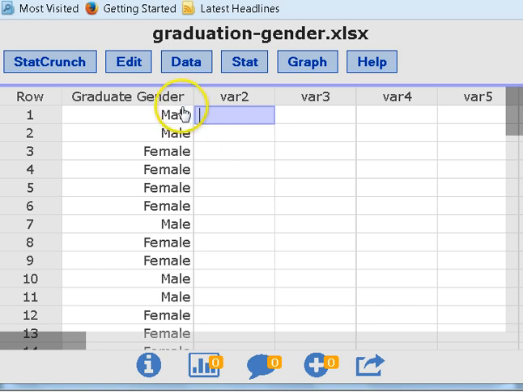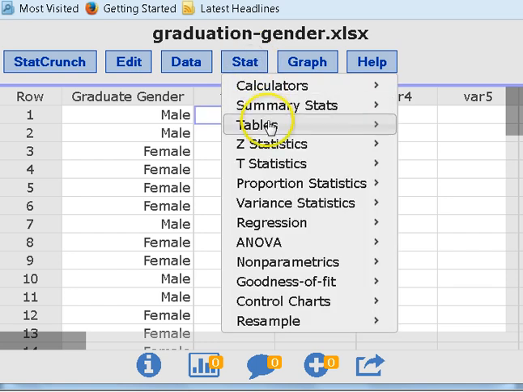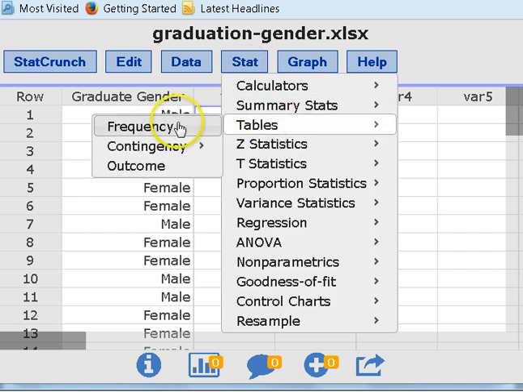The first thing I will do is get a count. This is the raw data. To get a count, under Stat, go to Table and construct a frequency table. A frequency table essentially says, in this list of qualitative data, what's the frequency of males versus females.